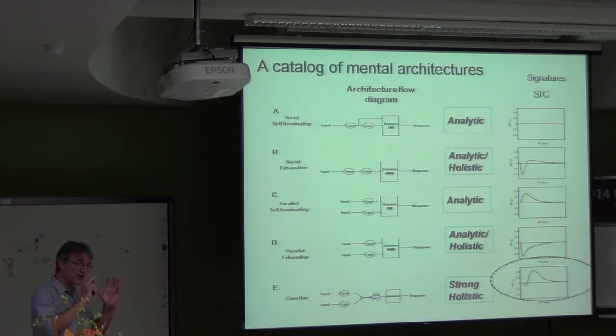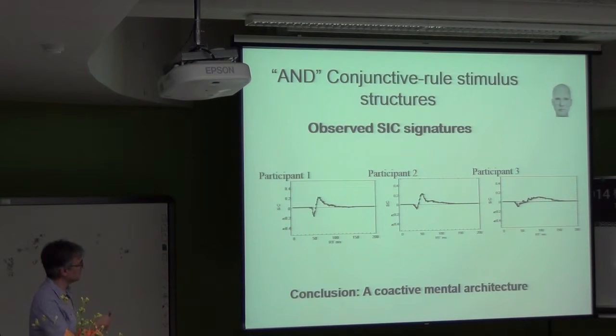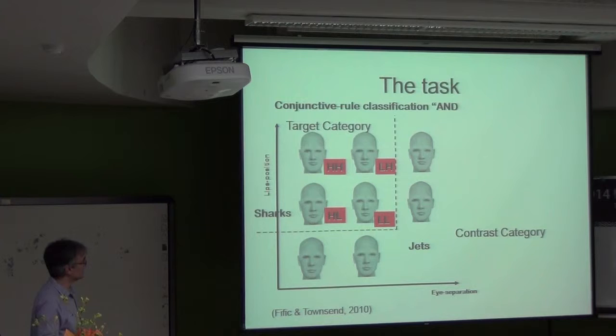They saw entire faces, and they indicated in behavioral reports, and in the behavioral analysis, that there's a coactive mental architecture. So these are the two cases. Another way to look at the task is target categories. Here, different faces, and we used a similar design in a 2010 paper. These are the results in 2010.